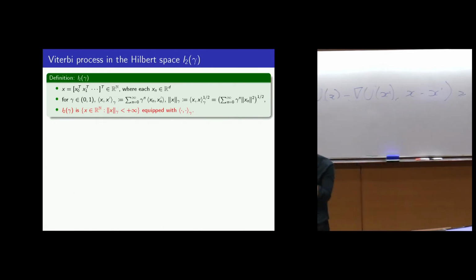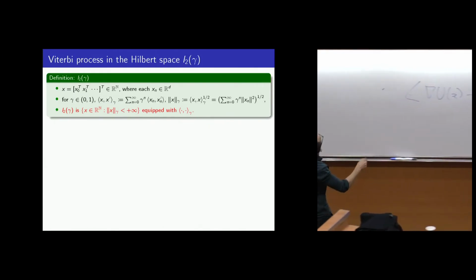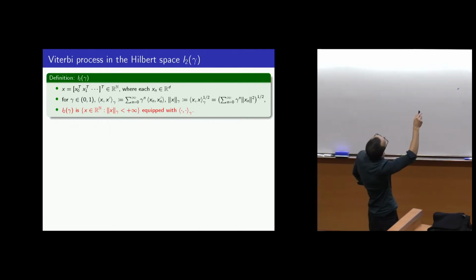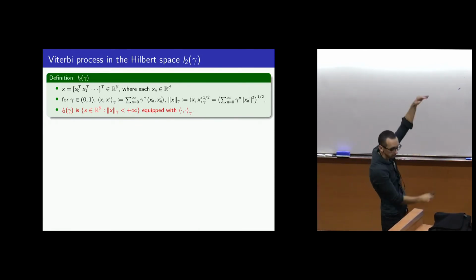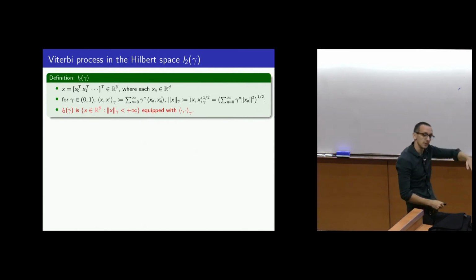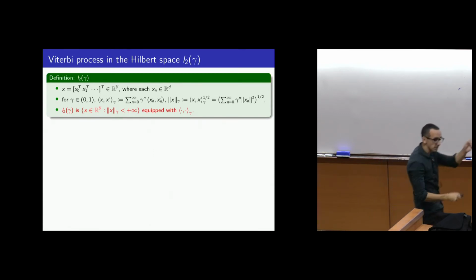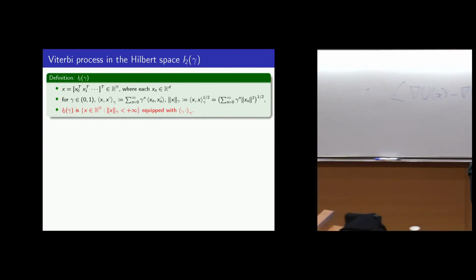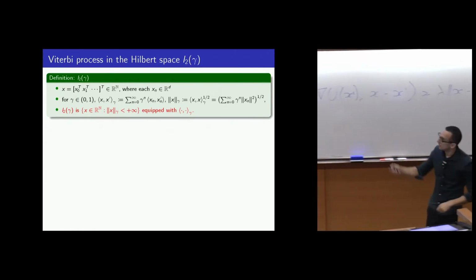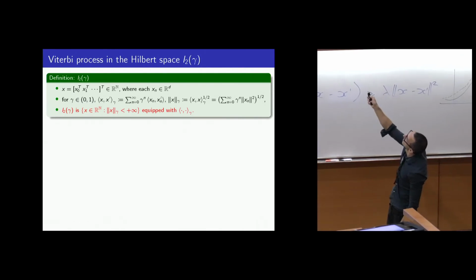Okay, so I'm going to write each of the x_n here, I'm going to stack them all into one long, infinitely long, in fact, vector x. Okay, right. And I'm going to introduce, where gamma here is a parameter between 0 and 1, which I'll return to in a minute, an inner product and a norm associated with that gamma.